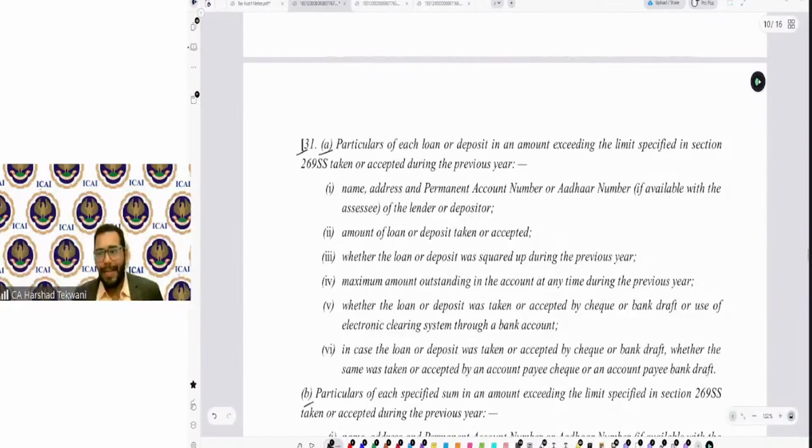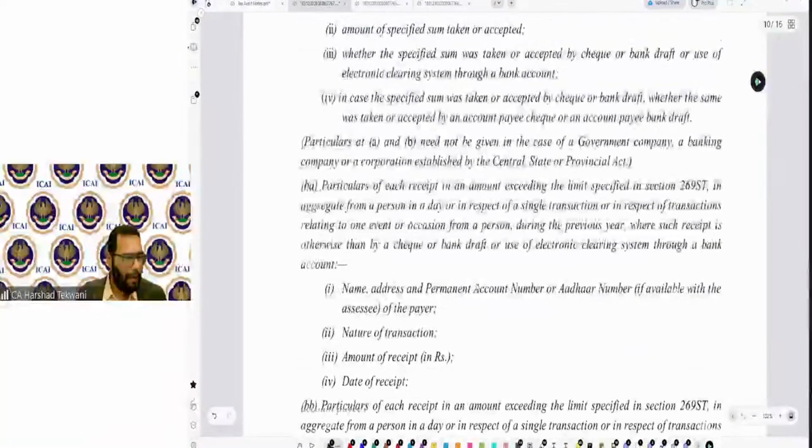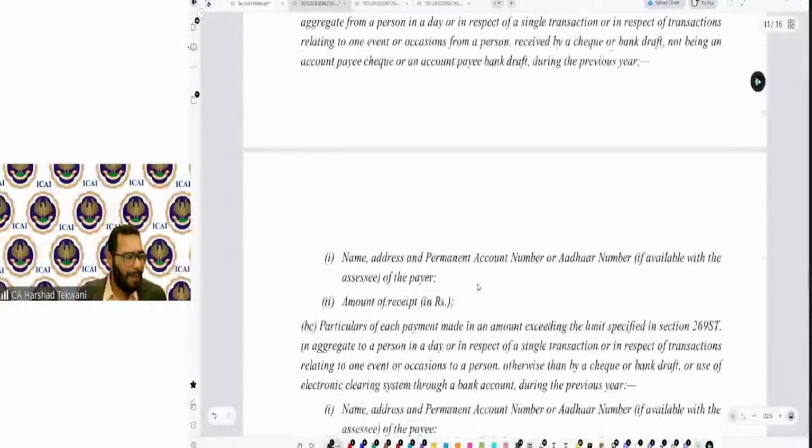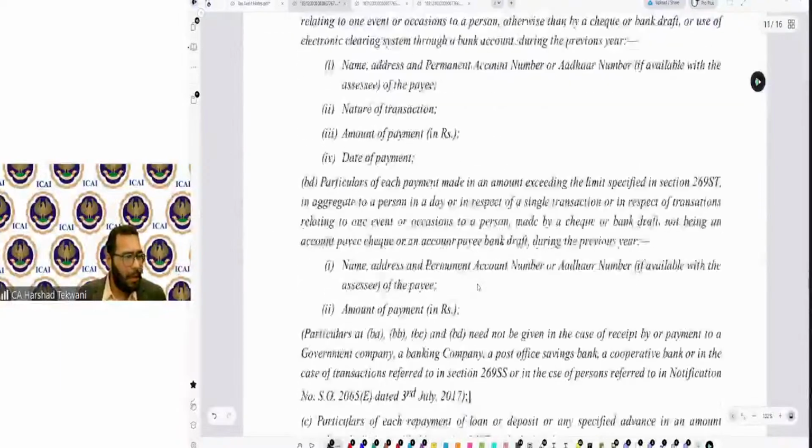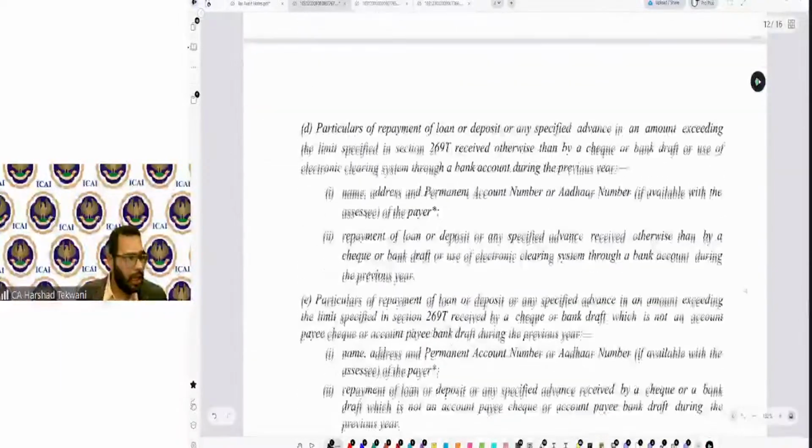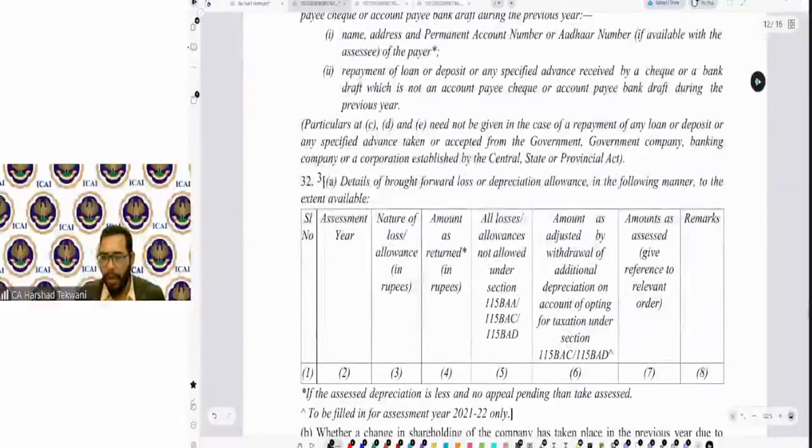So clause 31 goes from A to B, BA, BB, BC, BD, then we have C, D, E. I will summarize in the format of a chart, and based on that, we will be able to understand how these clauses work with respect to different reporting requirements.